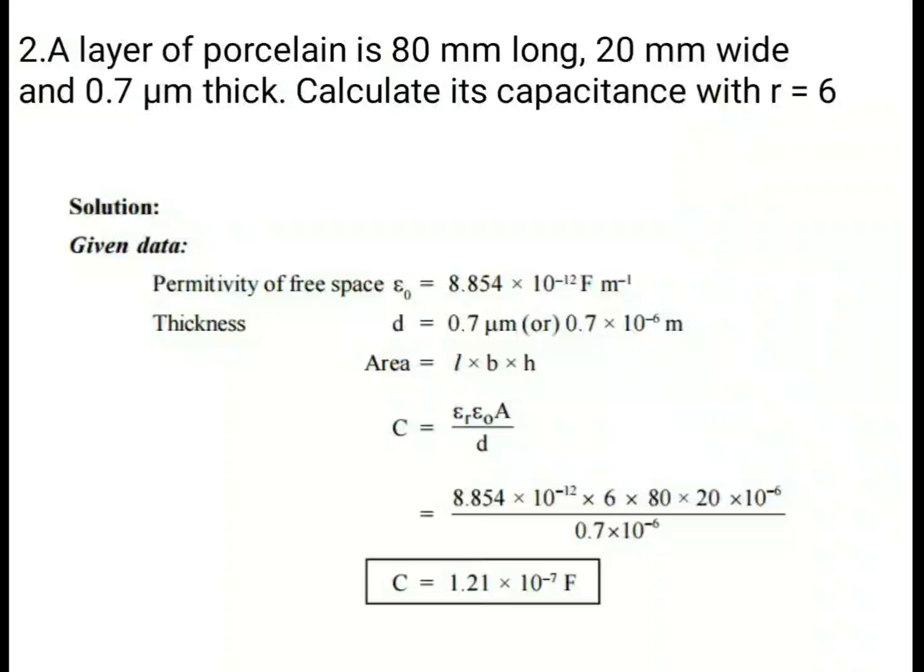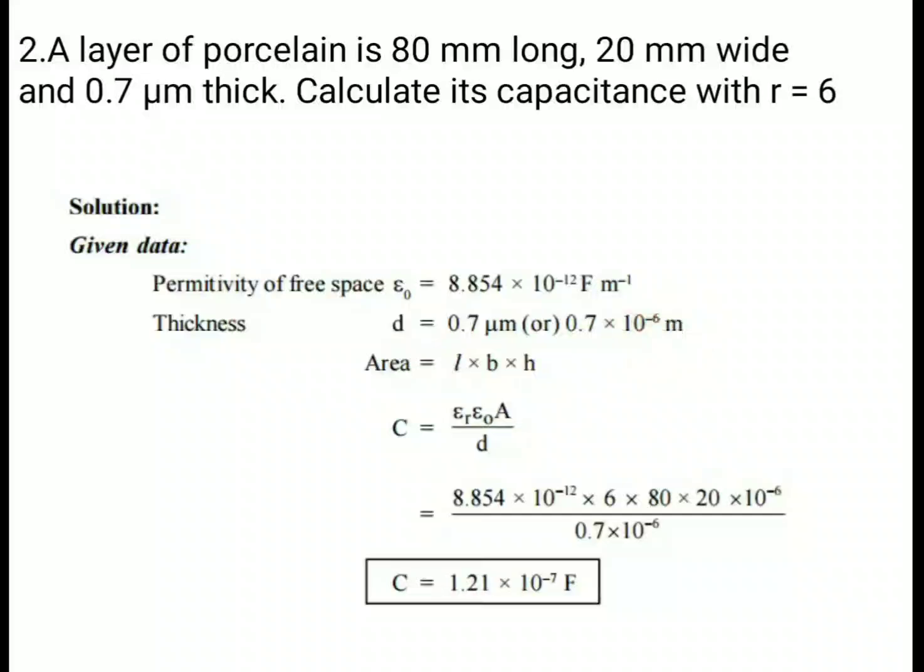Here the relative permittivity is equal to 6 and the permittivity of free space, that is a constant, is equal to 8.854 into 10 power minus 12 farad per meter, and the area is equal to length into breadth, that is 80 mm into 20 mm.